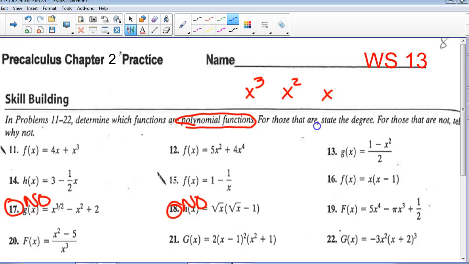If it is a yes, it says state what degree it is. 19 is a yes, guys. I know it's got weird numbers in there, but aren't they all numbers? So it is a yes with degree 4. 15 is a no. It says for those that are not, tell why not. You can cross that out.